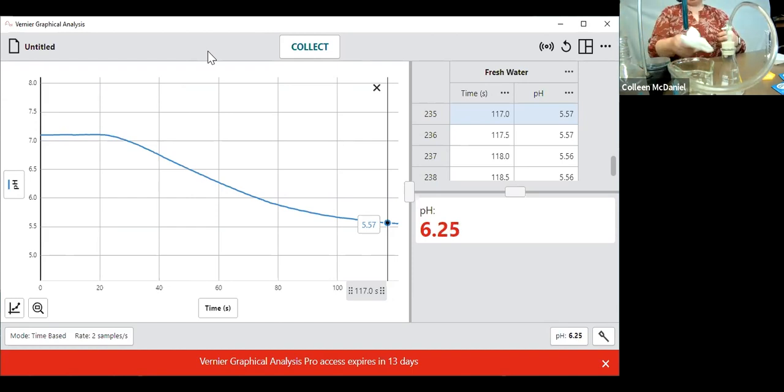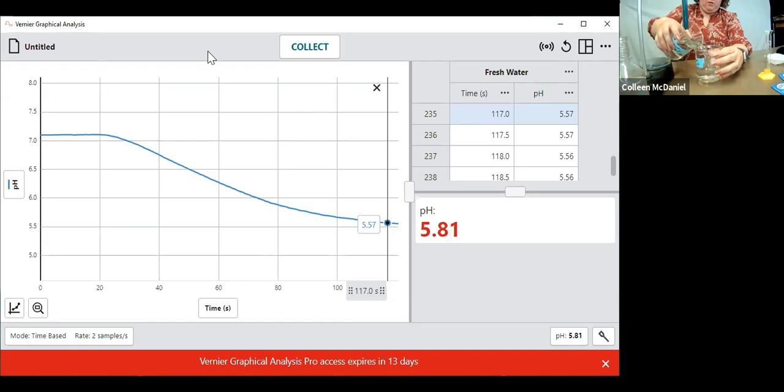Light towel dry. And now I'm going to use my ocean water. We are lucky enough that we actually have a saltwater fish tank here in the office. So I'm going to just take 100 mils of water from the saltwater fish tank.